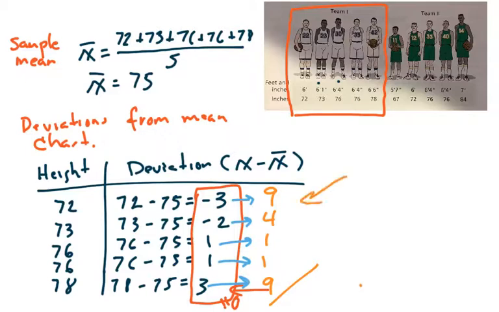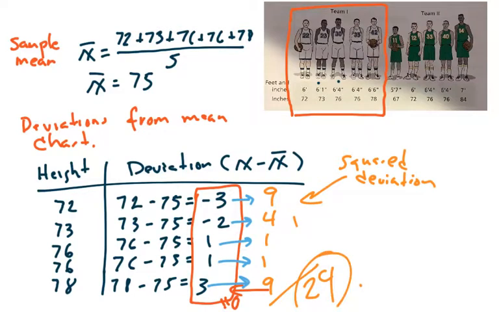This is the squared deviation. And if we sum these up, 24, okay? So we have our squared deviation sum here of 24.